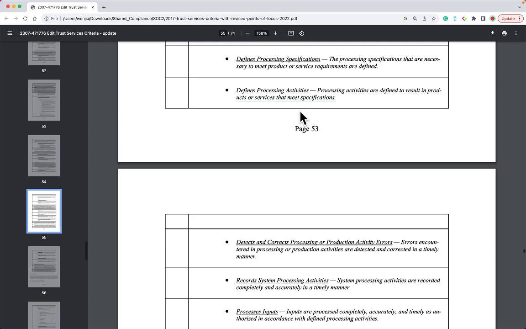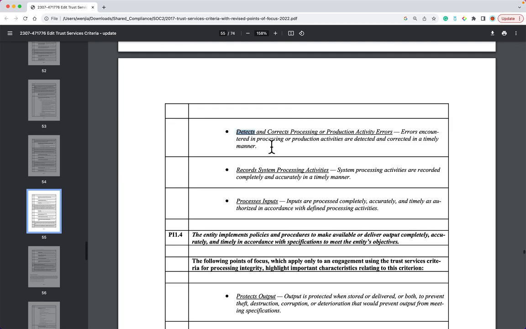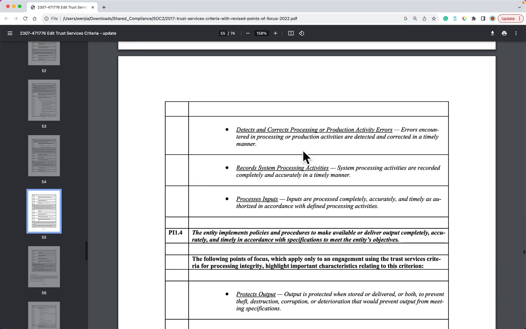You know what you are doing. Detect and correct processing product activity errors. So when you get some wrong inputs or wrong outputs, you have to be able to know there is something wrong, and you have the ability to correct it.